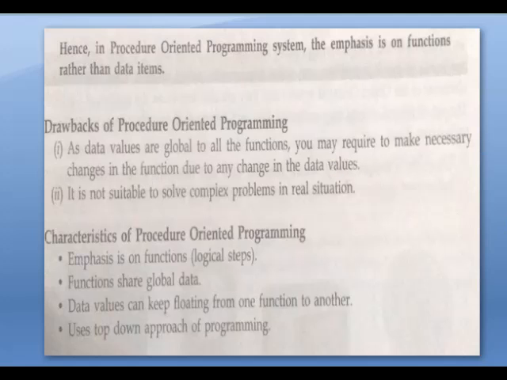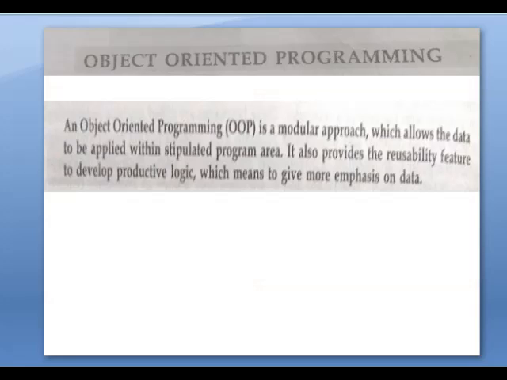Okay students, now we are going to see object oriented programming. Object oriented programming is a modular approach which allows the data to be applied within a stipulated program area. It also provides the reusability feature to develop productivity logic, which means giving more emphasis on data.